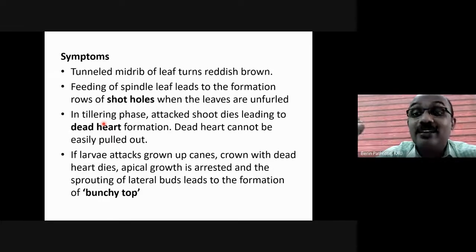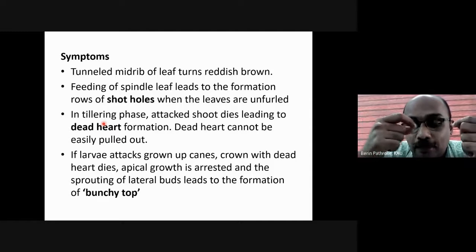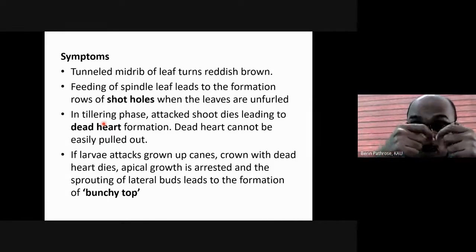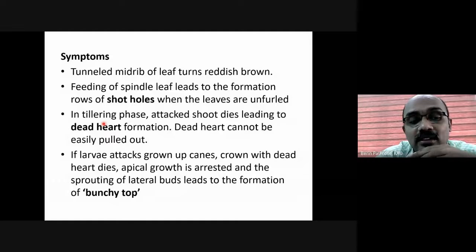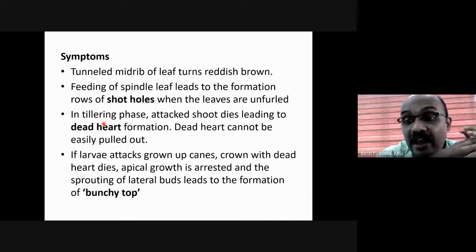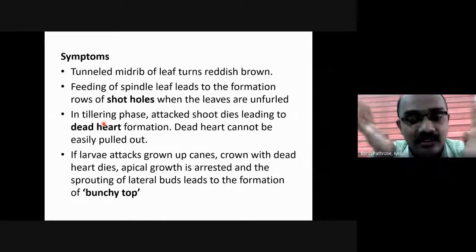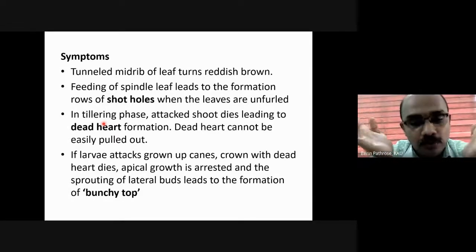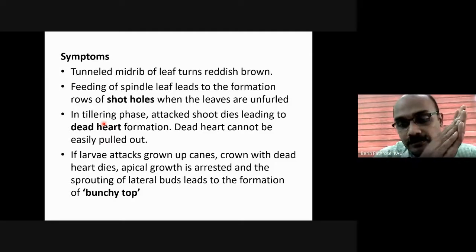There will be lateral branches. Here, the lateral buds start sprouting, and it will lead to the formation of a symptom called spongy top. Remember this symptom, spongy top. It's a characteristic symptom.